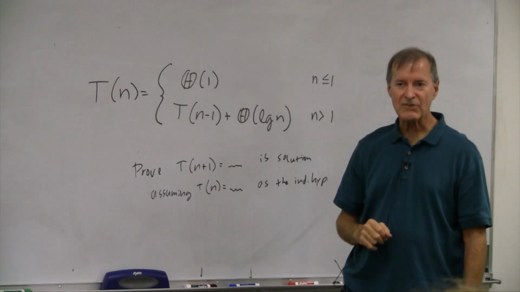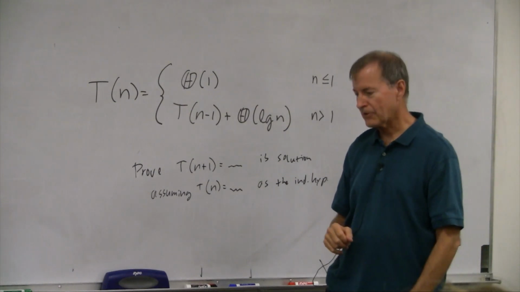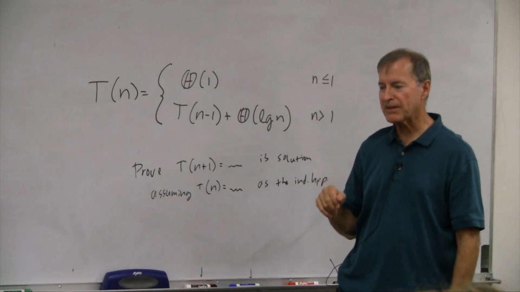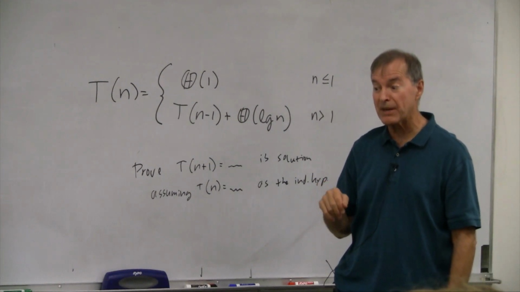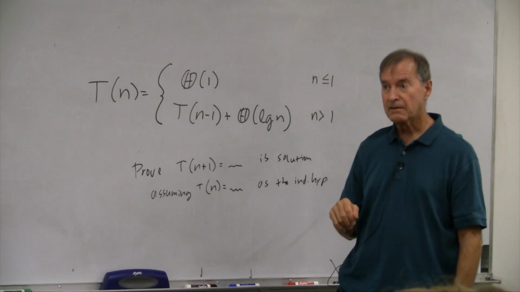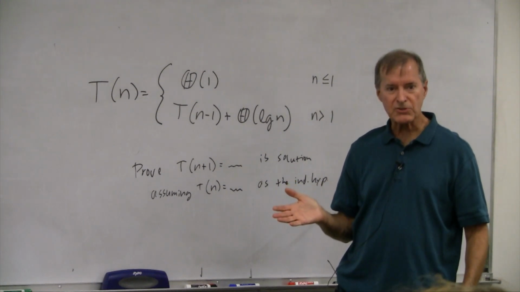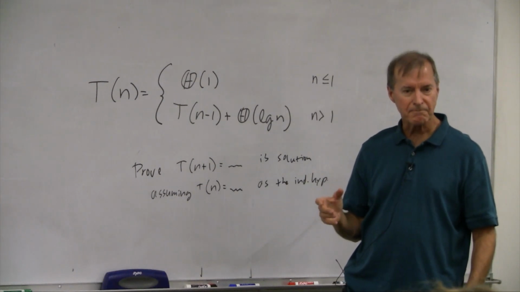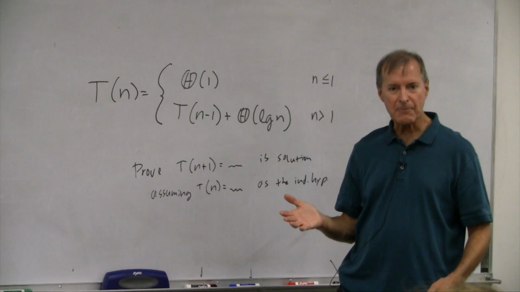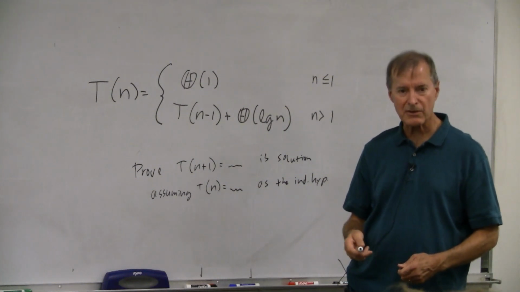What is the log of a sum? The log of A times B is the log of A plus the log of B. But what is the log of A plus B? We don't know. There is none. There is no closed form solution for that relationship. The log of the sum, you can't manipulate that. There's no closed form solution for what it is. You understand what I'm saying?